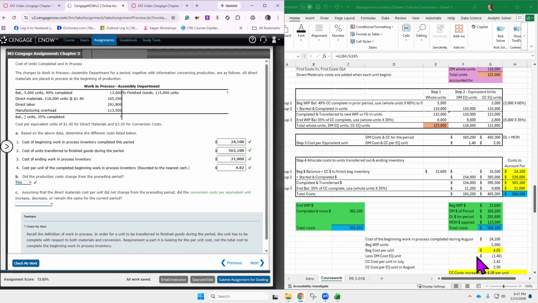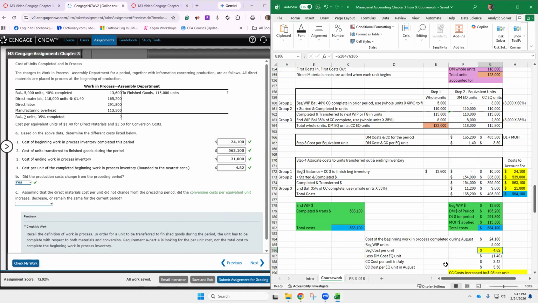If this is the cost per unit of the completed beginning work in process inventory, you take $4.82 times, and that's this added together right here. This is the beginning inventory of 13,600. We added 10,500 to that beginning inventory, and there is the cost of the beginning inventory. Then we're going to divide by 5,000.